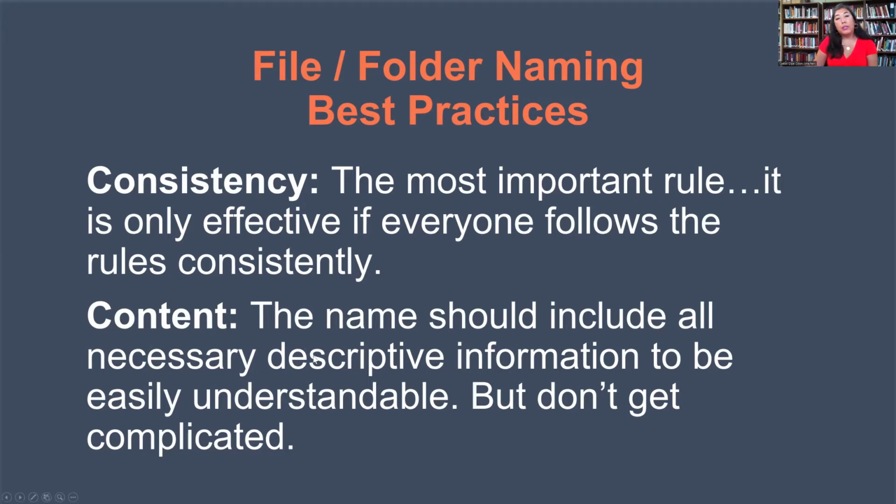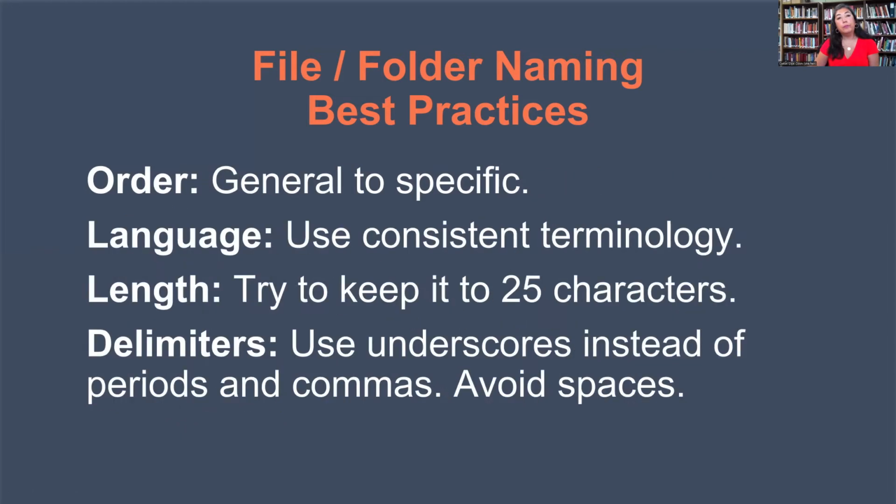The second is content. You want the name to be descriptive and easily understandable, and you don't want to get too complicated. So you should be able to look at the name and understand from just looking at that name what is in that folder or what that file is. Order: you can go general to specific, specific to general if you'd like, just be consistent.